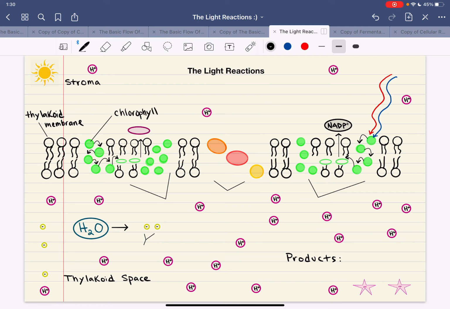If you remember from the previous video, there's two major types of chlorophyll that are involved in absorbing sunlight, those being chlorophyll A and chlorophyll B. Chlorophyll A is the most common, so we can take a moment just to label some of these.